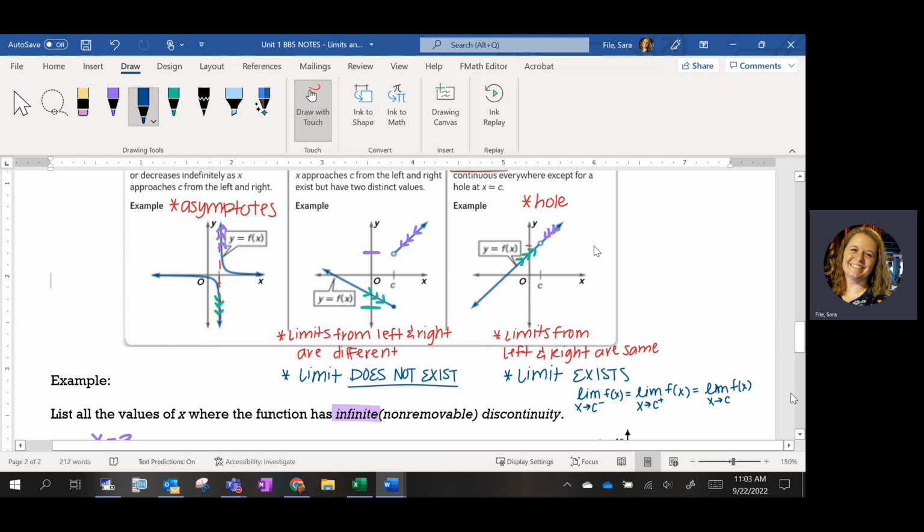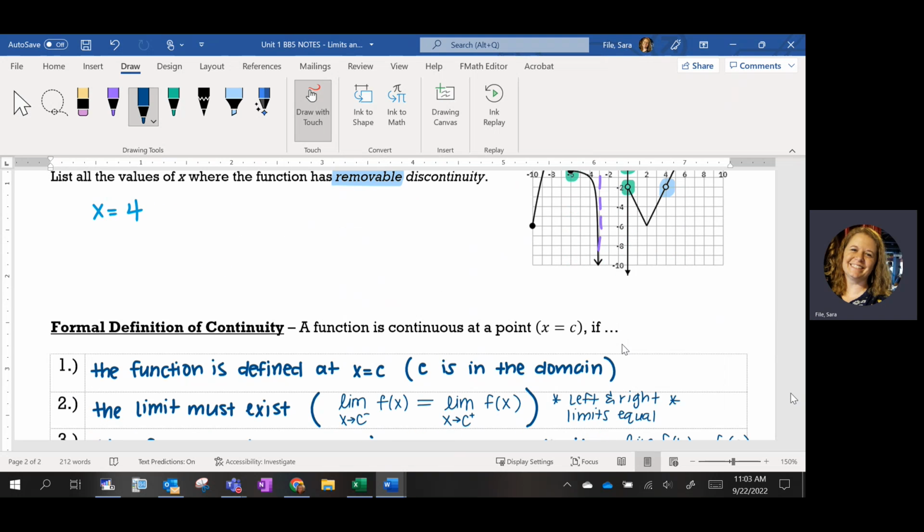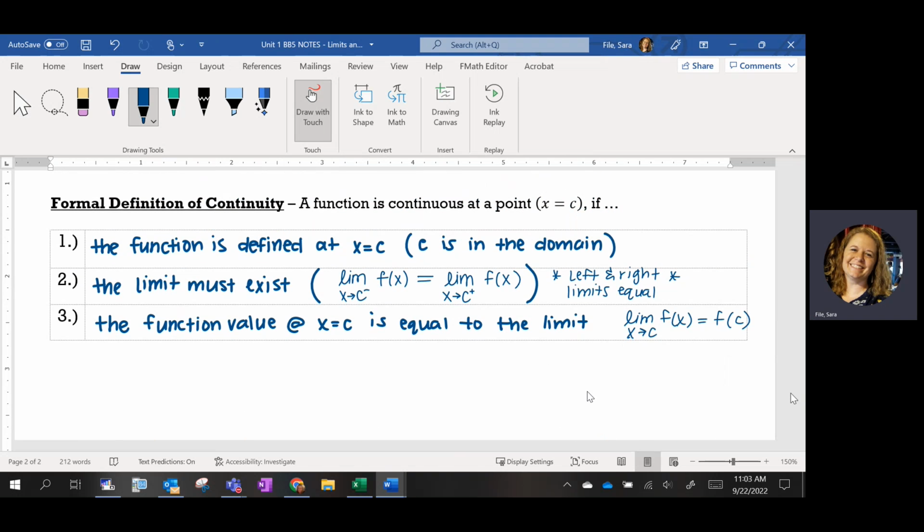Okay. So then we practiced identifying the types of discontinuities, and we gave the three conditions of continuity. Okay, the formal definition. The function has to be defined at that c value. So that means it has to be in the domain.